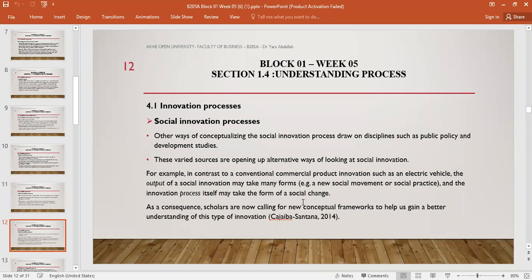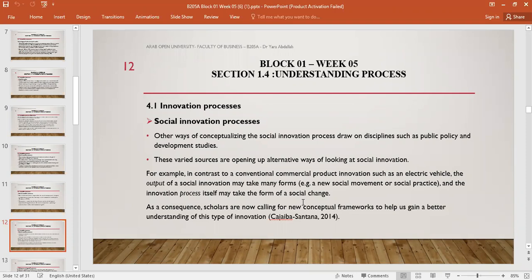And in this case, you should look at the social innovation. For example, if you look at the electric vehicle, the electric vehicle can be an output of social innovation. It's a new social movement.